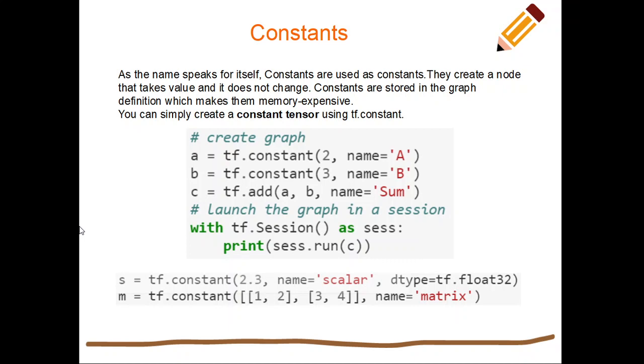There's a concept of constants actually, and why that concept is required is because when we are giving the inputs as Python variables or NumPy variables, they are going to be converted into tensors, because the popular inputs like Python inputs or NumPy inputs are automatically converted to tensors.